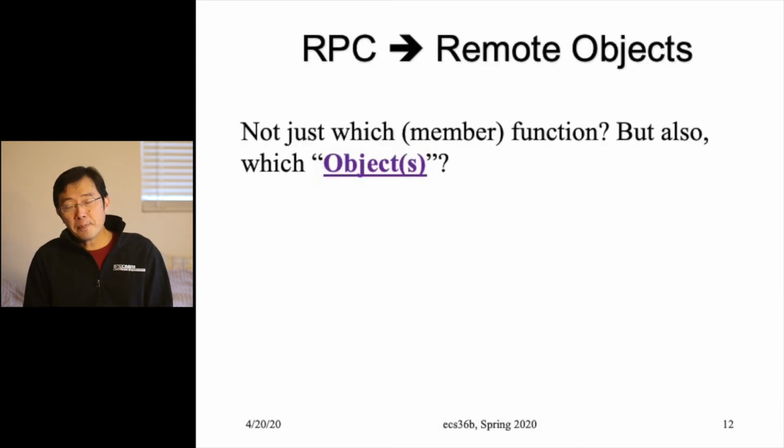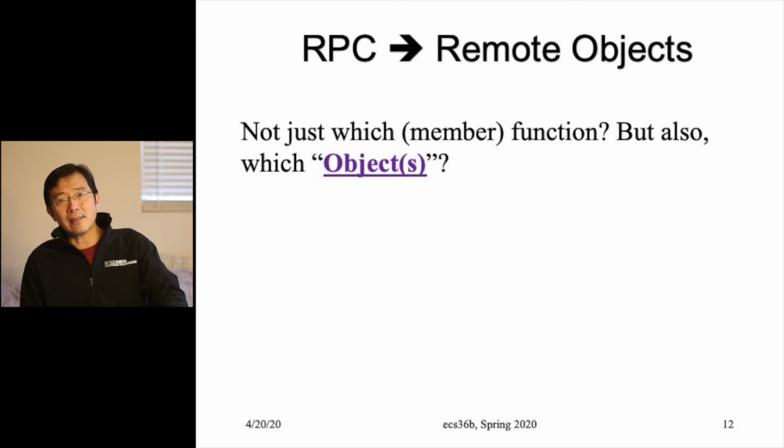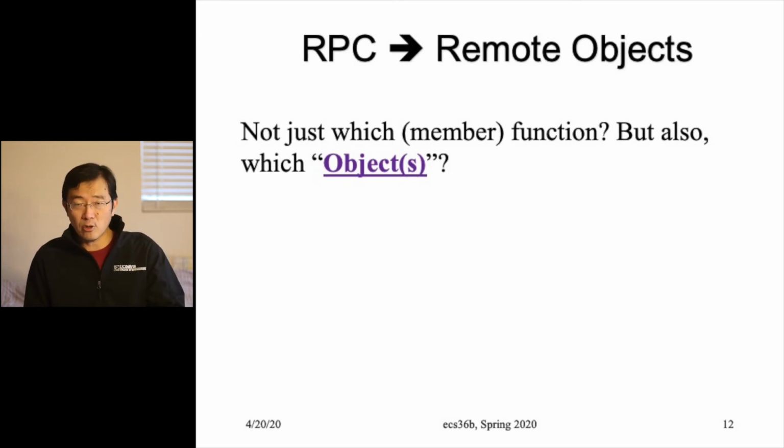Well, however, that remote procedure call itself is not enough to realize the remote object or shadow object, because RPC just tells you, hey, I want to call a remote function. But in an object-oriented setting, you not only need to know which function you need to call, but you also need to know which object you need to access for this function.